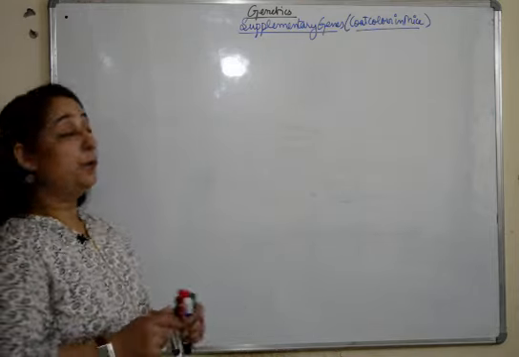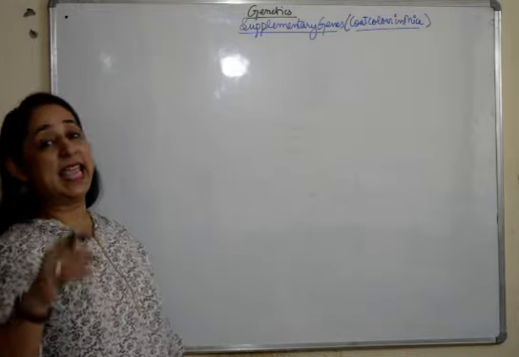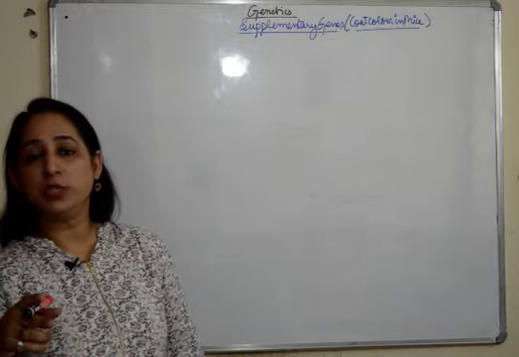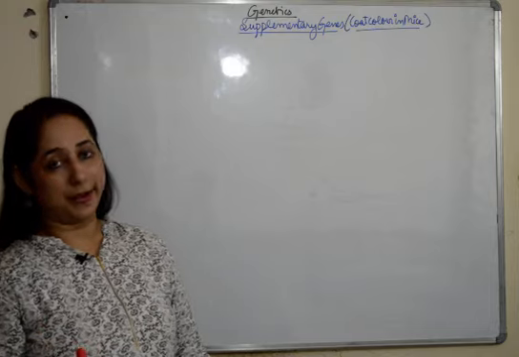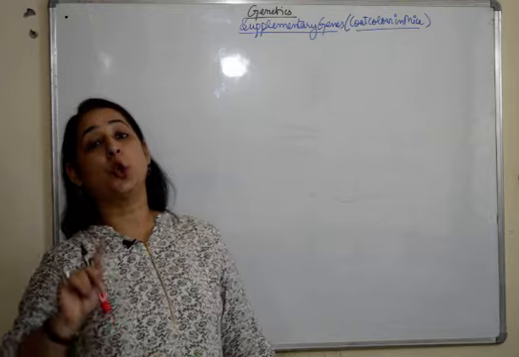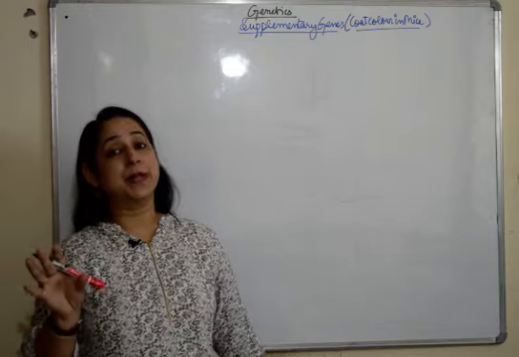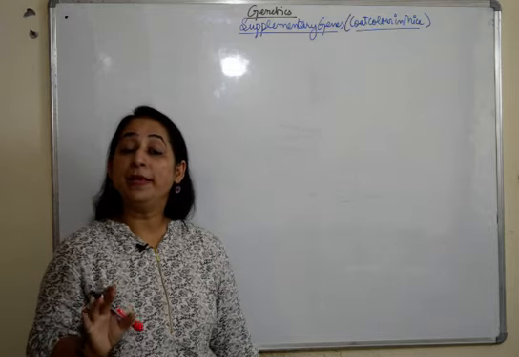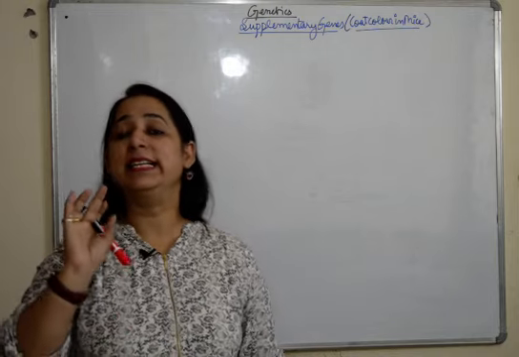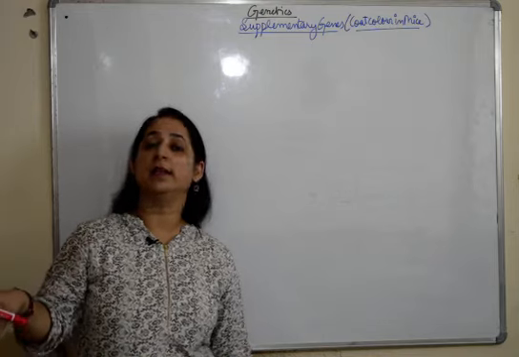So we'll start now. Supplementary genes are genes which are present on two different loci. Their expression is independent of the other gene's presence. Each shows its independent expression in a dominant state, and its expression will not bother the other gene.